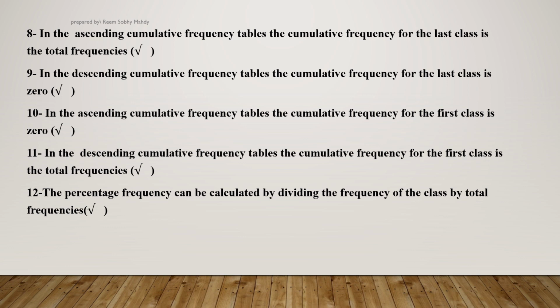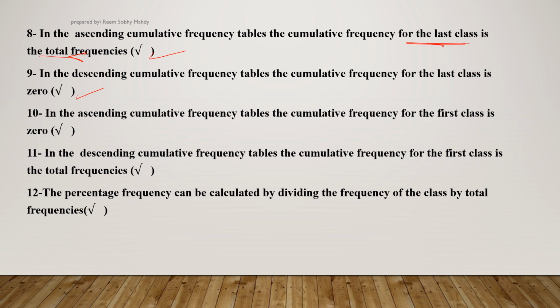Question 8. In the ascending cumulative frequency tables, the cumulative frequency for the last class is the total frequencies. This is true, as the ascending cumulative frequency table starts with frequency 0 and ends with total frequencies. In the descending cumulative frequency tables, the cumulative frequency for the last class is 0, and this is true also, because for the descending cumulative frequency tables, we start with the total frequencies and end with 0.